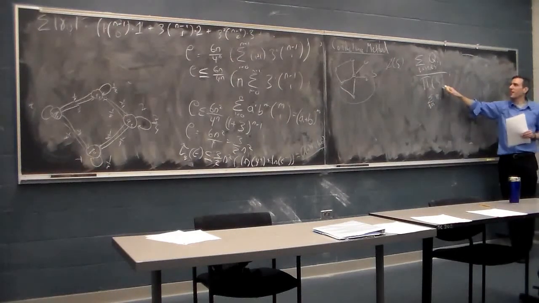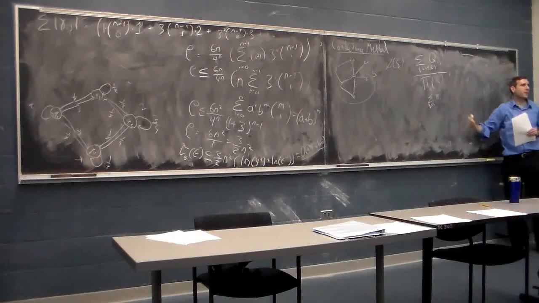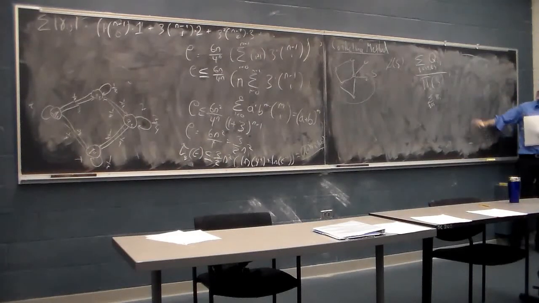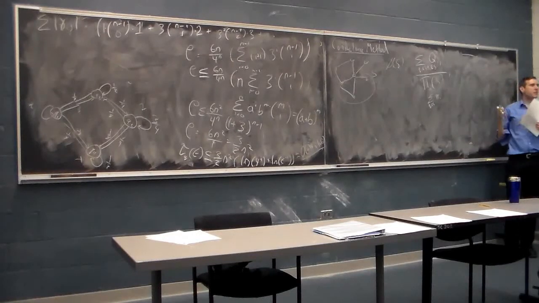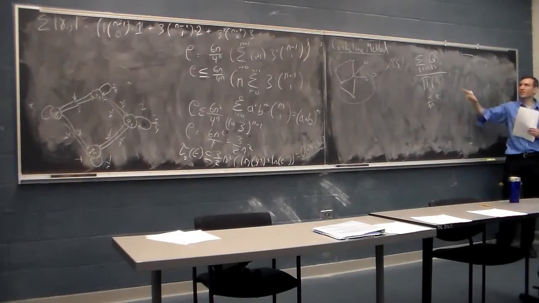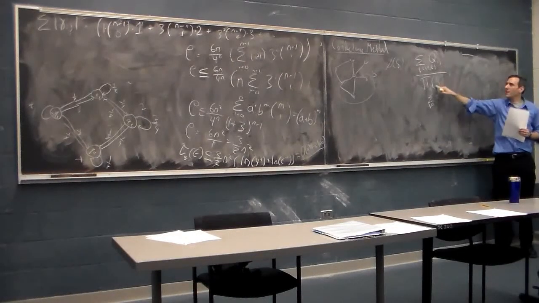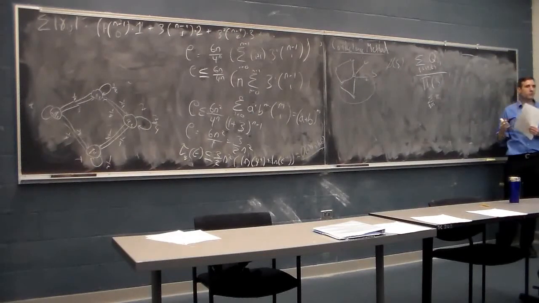So just the stationary probability of being in state S. And what this is saying is the numerator here is your ability to get in or out of this state S. It's the sum of these capacities. The denominator is the amount of time on average you spend in state S.